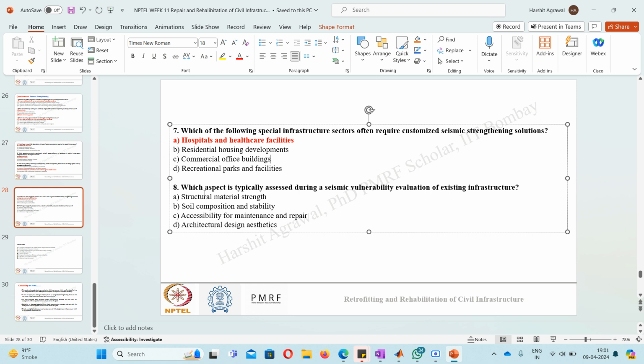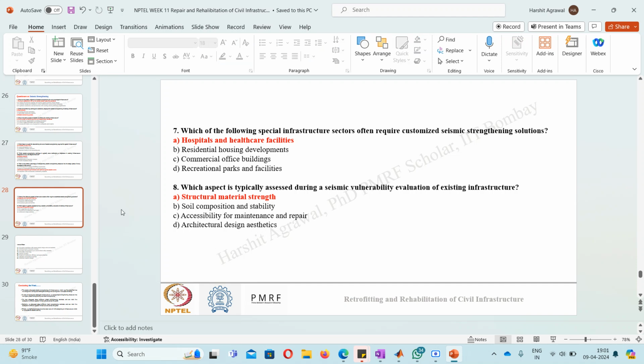Okay, which aspect is typically assessed during a seismic vulnerability evaluation of existing infrastructure? While evaluating an existing infrastructure, the important thing that is assessed is the structural material strength. What is the strength of my material, and is it adequate enough to take lateral load or not? This is the main point that is assessed when we are talking about assessing the vulnerability of existing infrastructure.